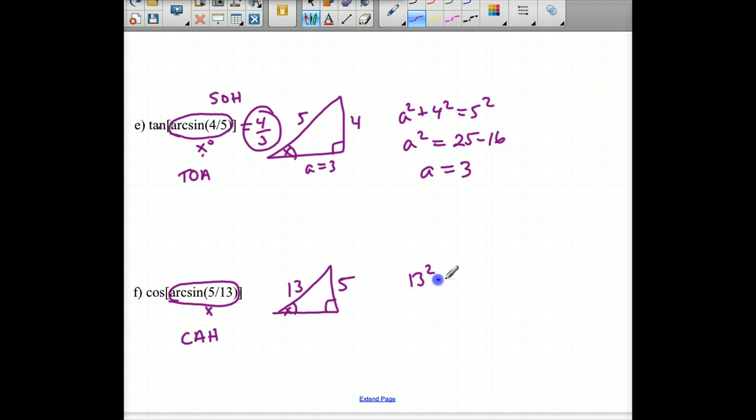So 13 squared minus 5 squared. 169 minus 25. 144, so that's 12. So adjacent over hypotenuse is 12 over 13. For those you don't have to memorize anything or try to figure out which angle it matches, you just plug in the numbers based on this and then use this to decide which sides you're going to use.